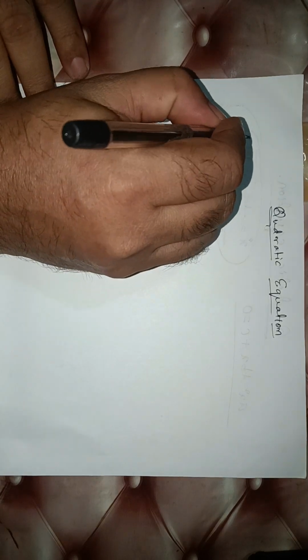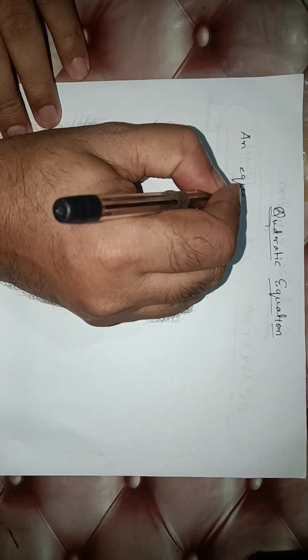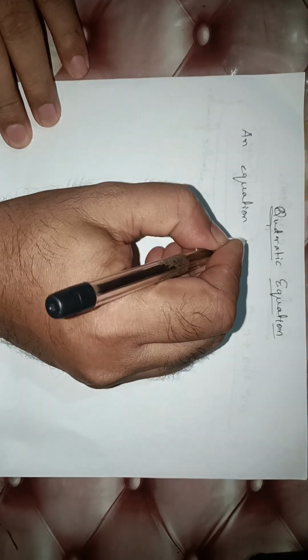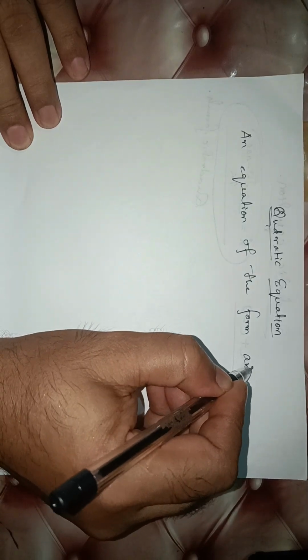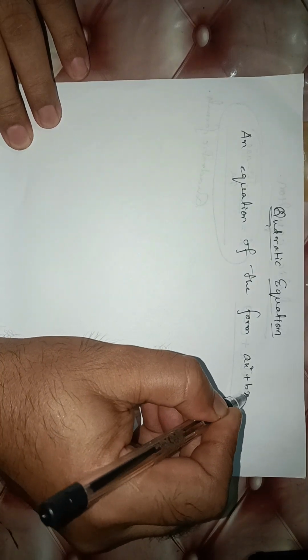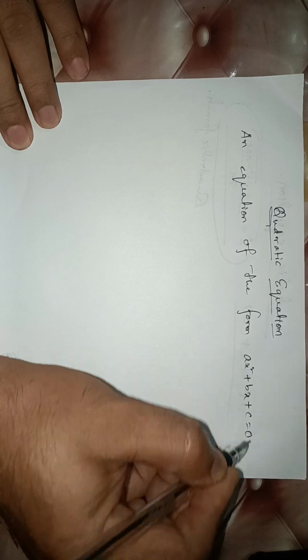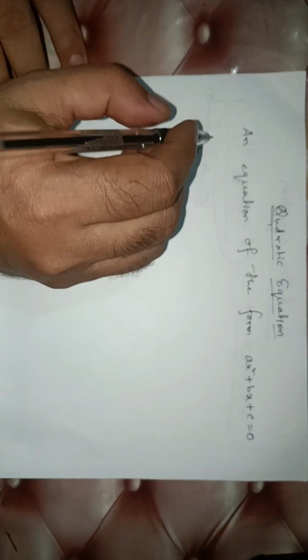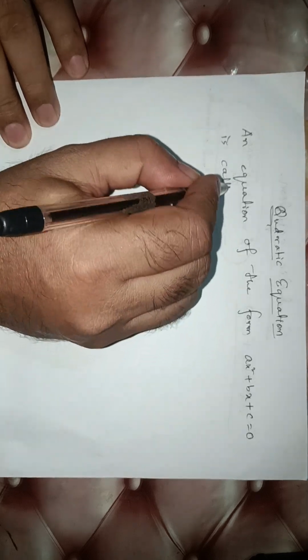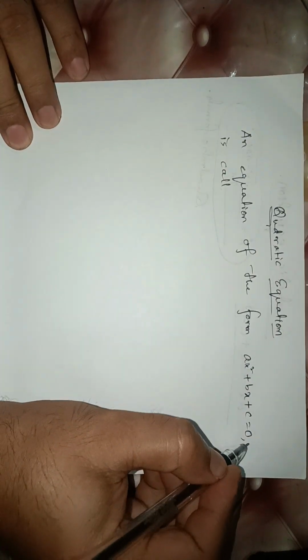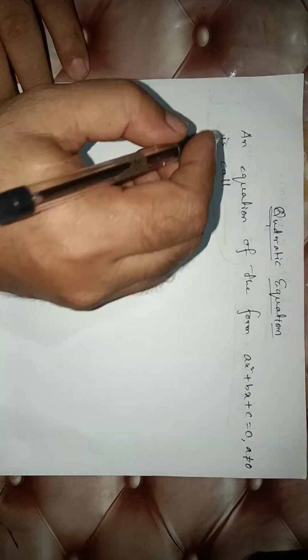An equation of the form ax square plus bx plus c equal to 0 is called a quadratic equation, but the condition is a not equal to 0.